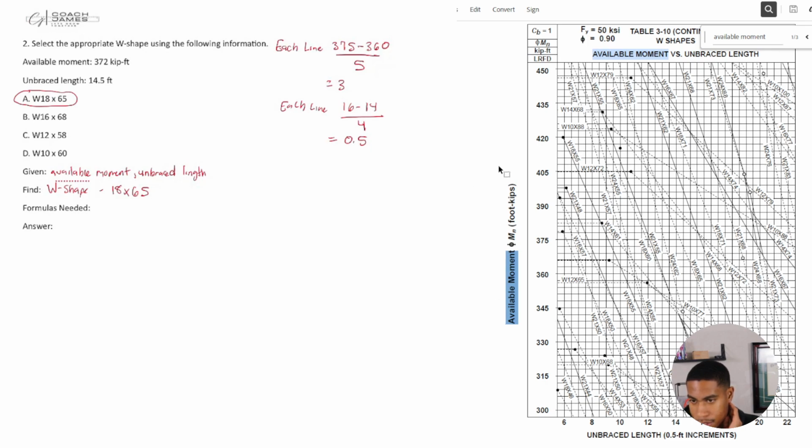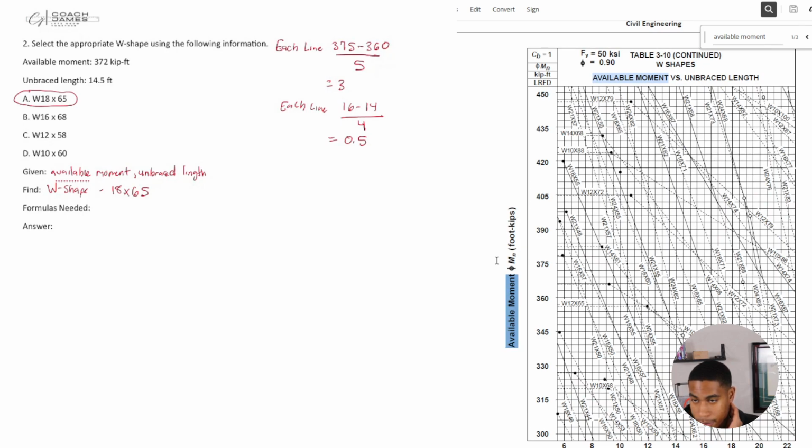This looks like a bunch of scribble, but each line represents a different W shape. So you can really use this to your advantage if you know how to read it. So that was A.